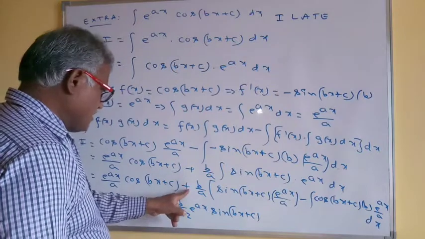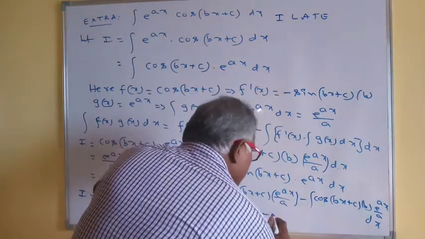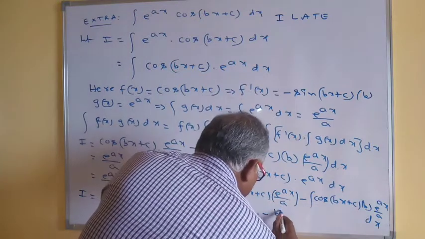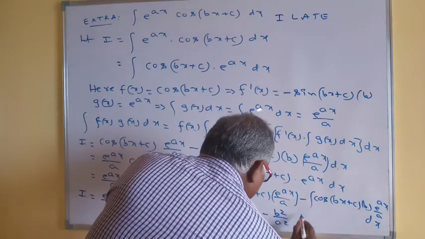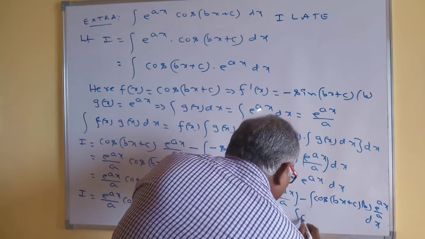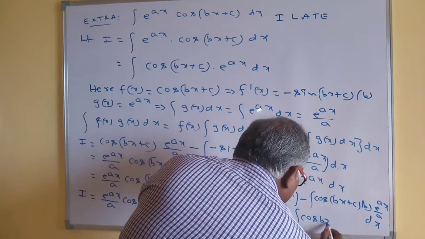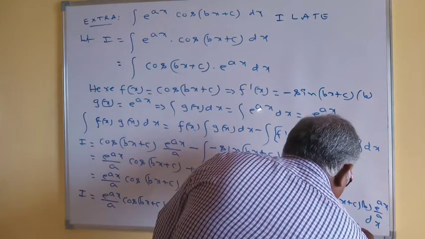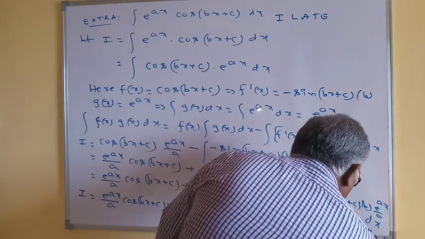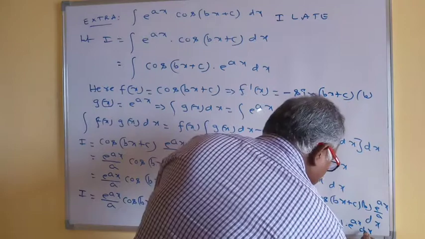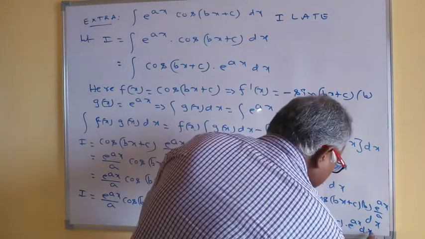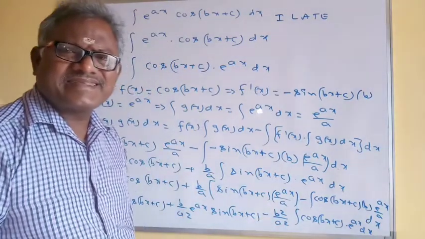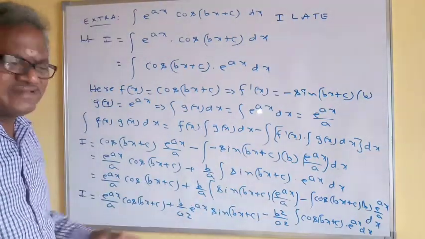Here plus into minus is minus, b by a and b by a are there. So b square by a square into cos(bx plus c) into e power ax dx. So this is nothing but I.